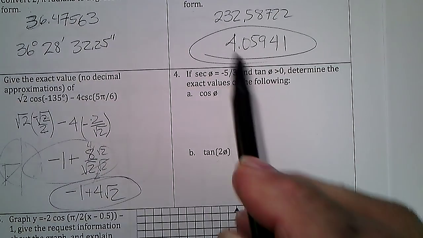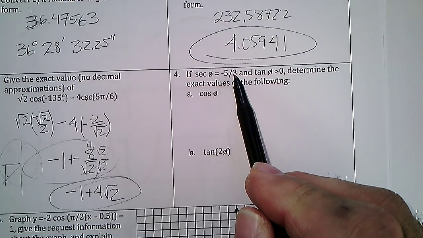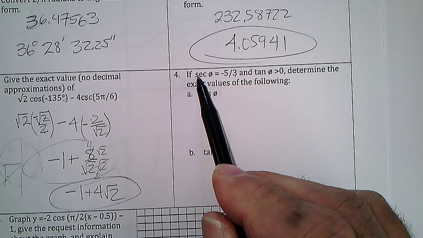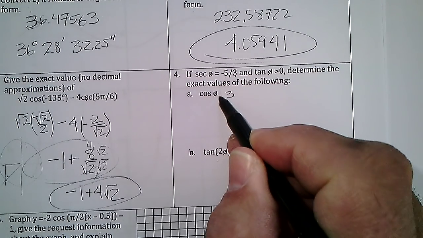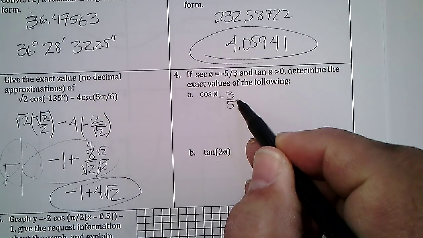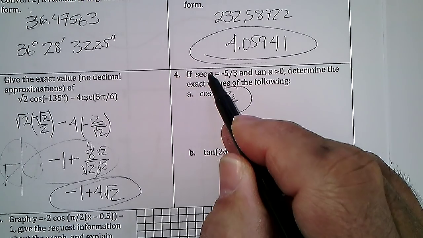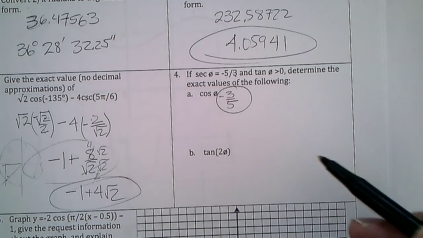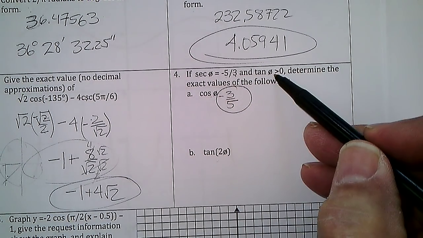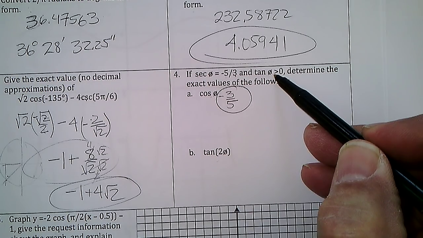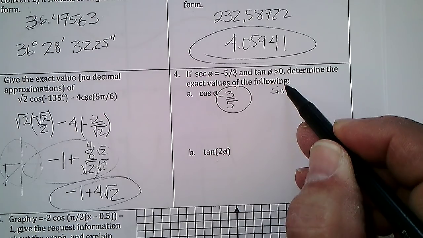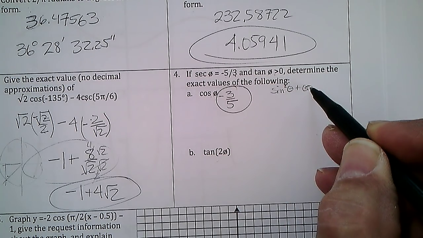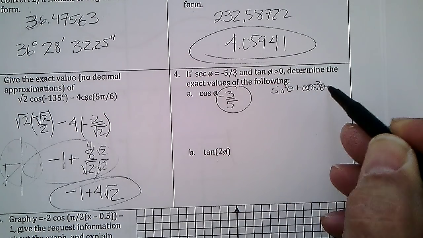Secant theta is negative 5/3. So that means the cosine is negative 3/5, because that's the reciprocal of the cosine. And the tangent is positive. So sine squared theta plus cosine squared theta equals 1.